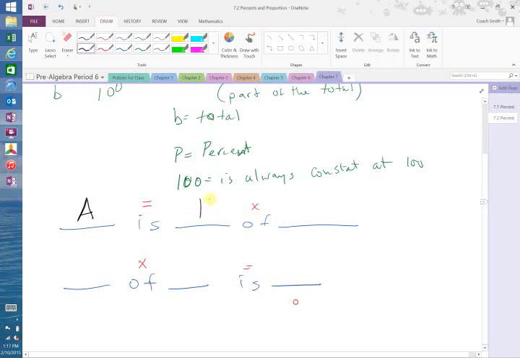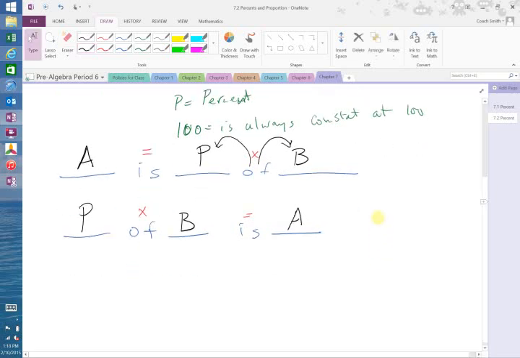The P and the B are always next to the of. So you need to understand that to help you know what parts of the proportion are given to you and what part you have to find, because you can only find one item. Let me give you an example of a sentence.